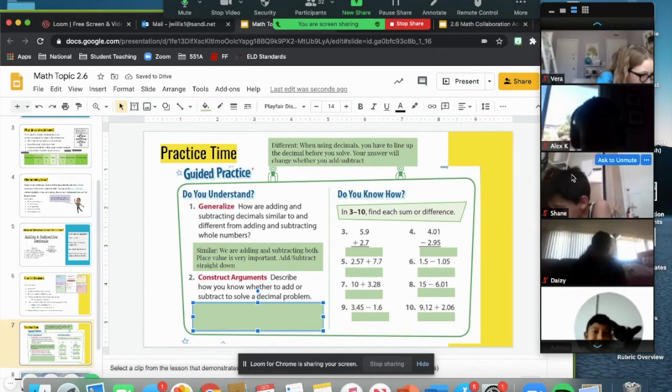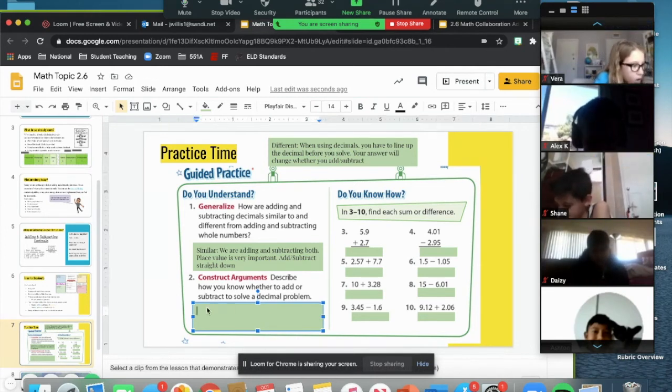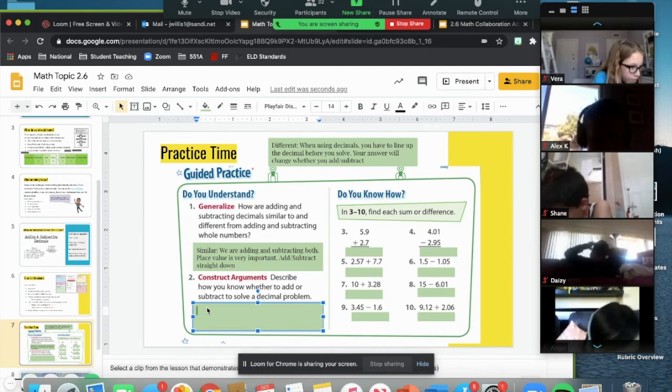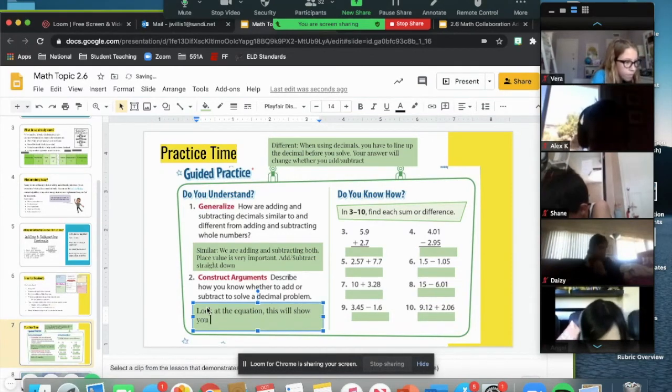Let me see, who haven't I heard from? Ashton, what do you think? How would you put that into words? You could probably say to first look at if it's a subtraction symbol or a multiplication or something like that, or the decimal line. Exactly. It's all you need to do.